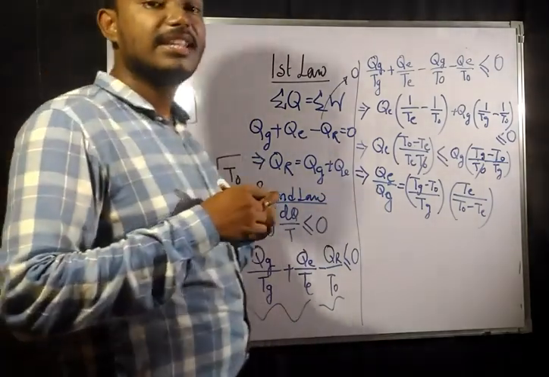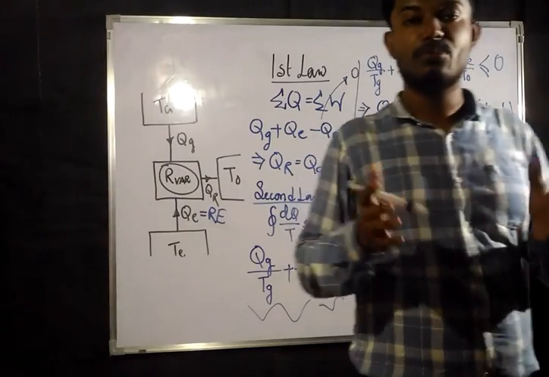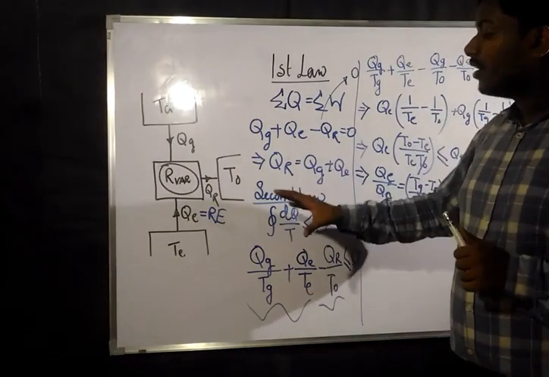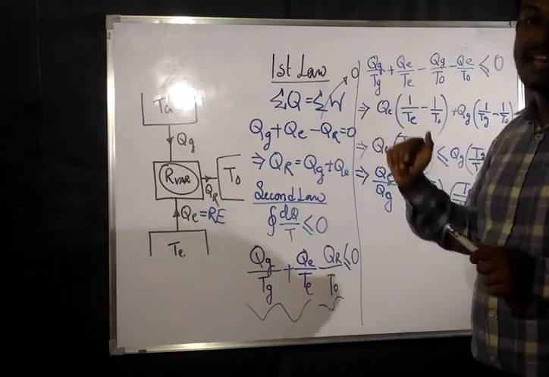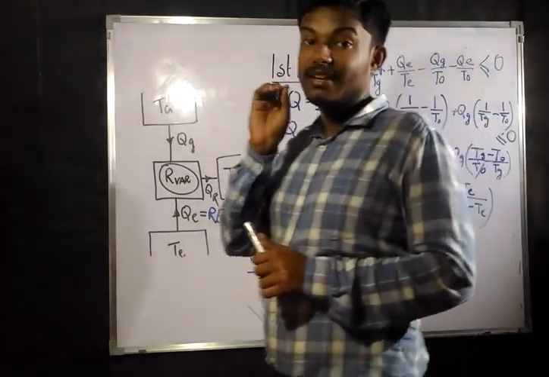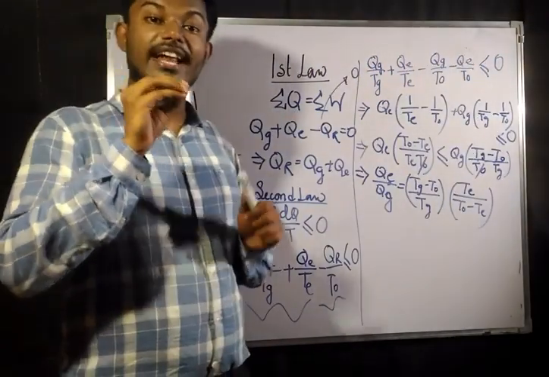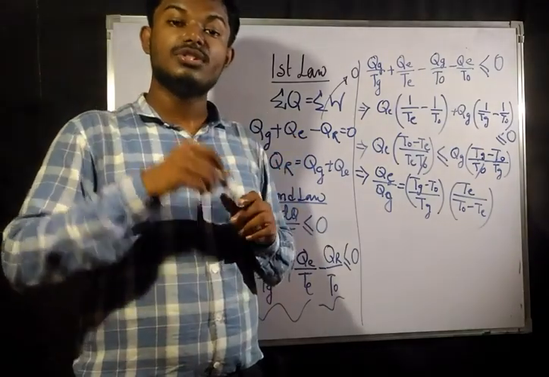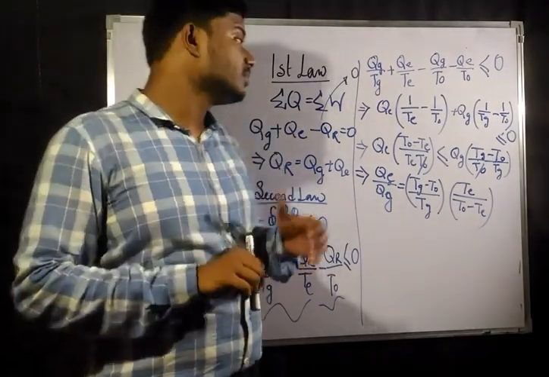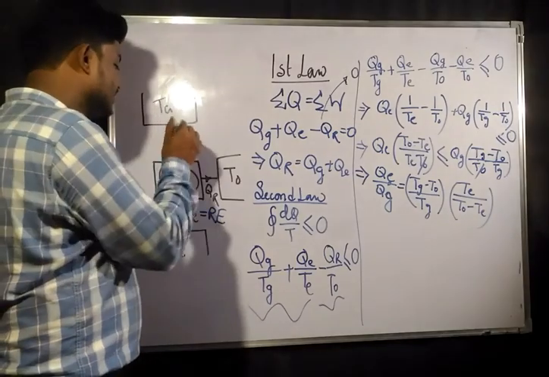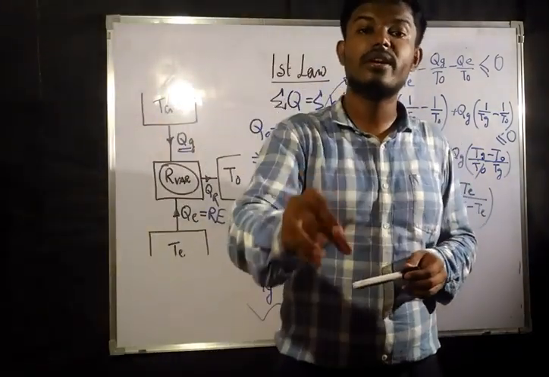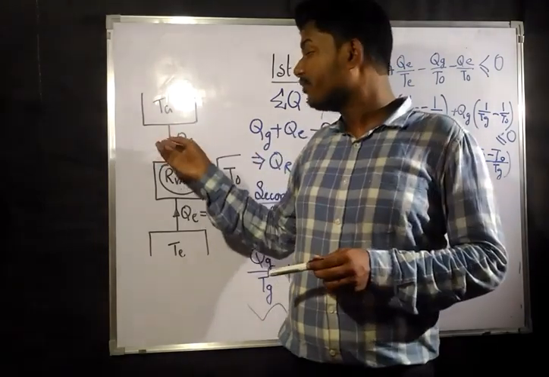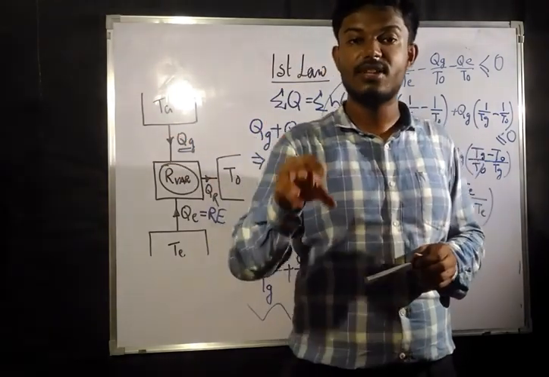Qg is nothing but Q in or Q input. Because to run a refrigerator we need to give some work. Since the work here is negligible, the other energy which we need to give as input is going to be the generator heat. This heat is going to be acting as input because that is the amount of heat we are going to give to the system.